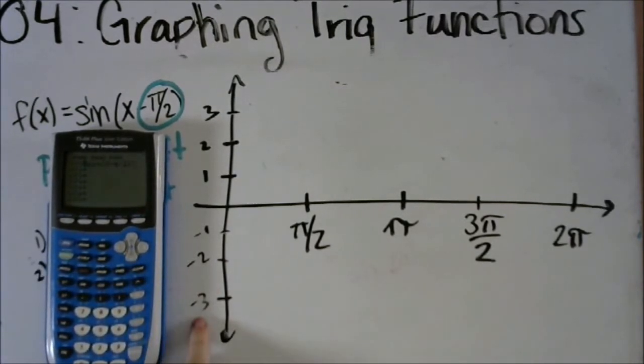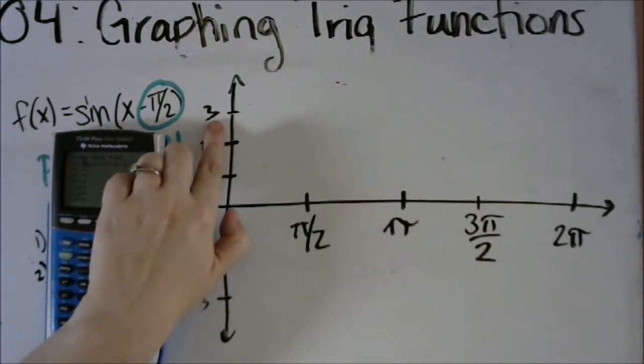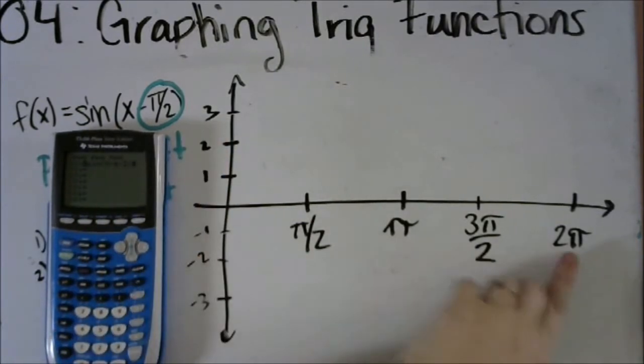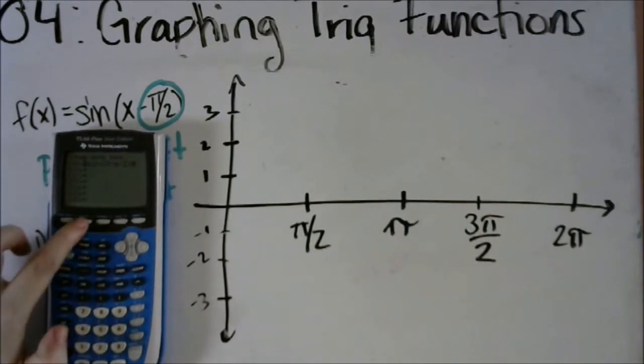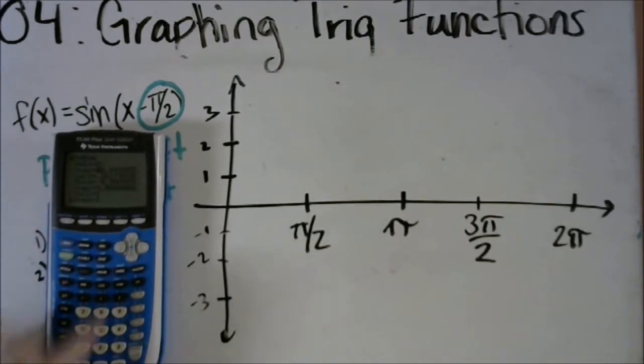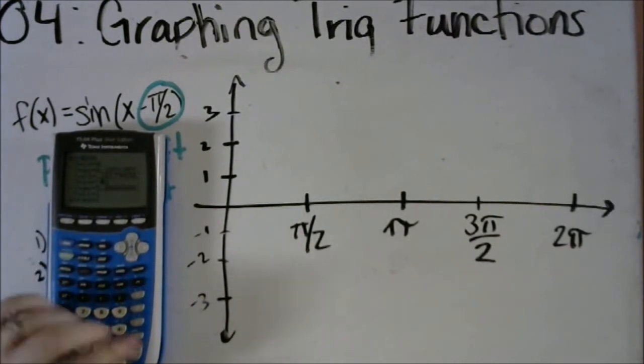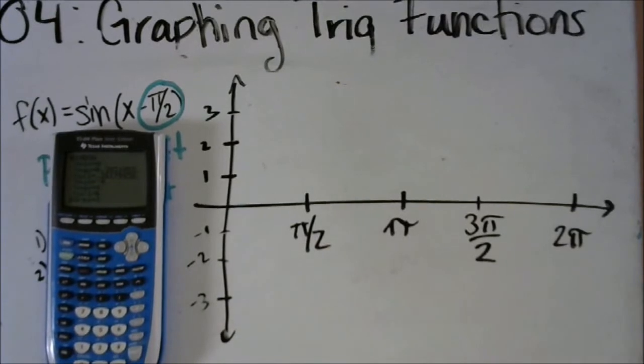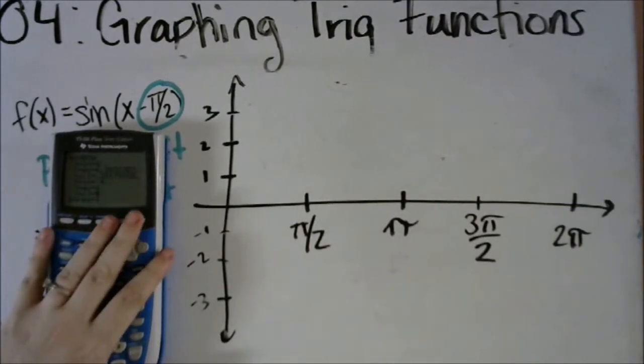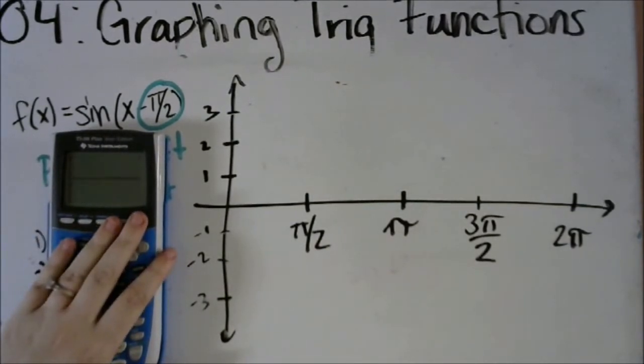I have a y min of -3, a y max of 3, an x min of 0, and an x max of 2 pi. This is not set to 2 pi from my last example. Y min, I'm going to go ahead and make -4 because I like to overshoot by just a little bit. You don't have to overshoot if you don't want to. And then graph.